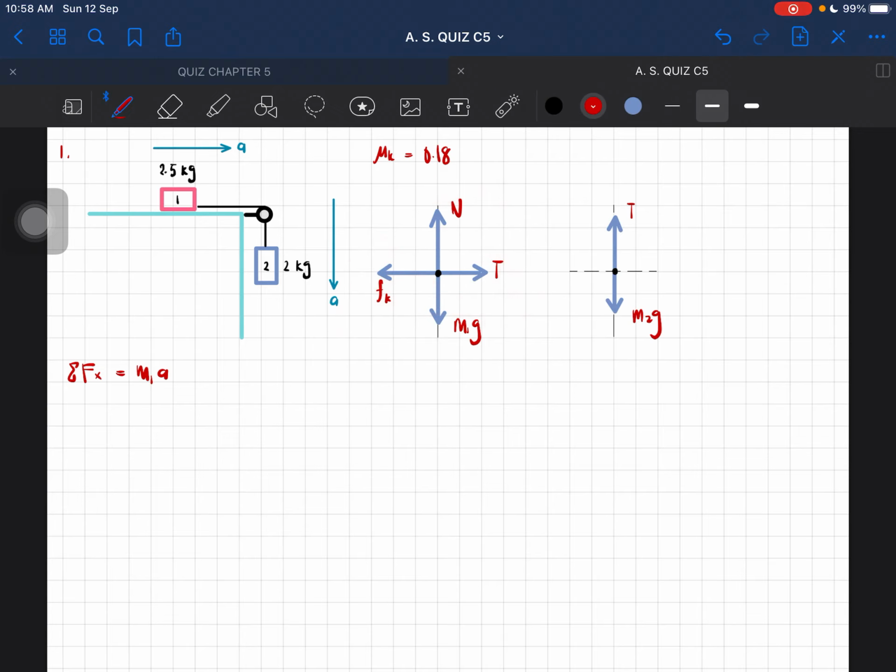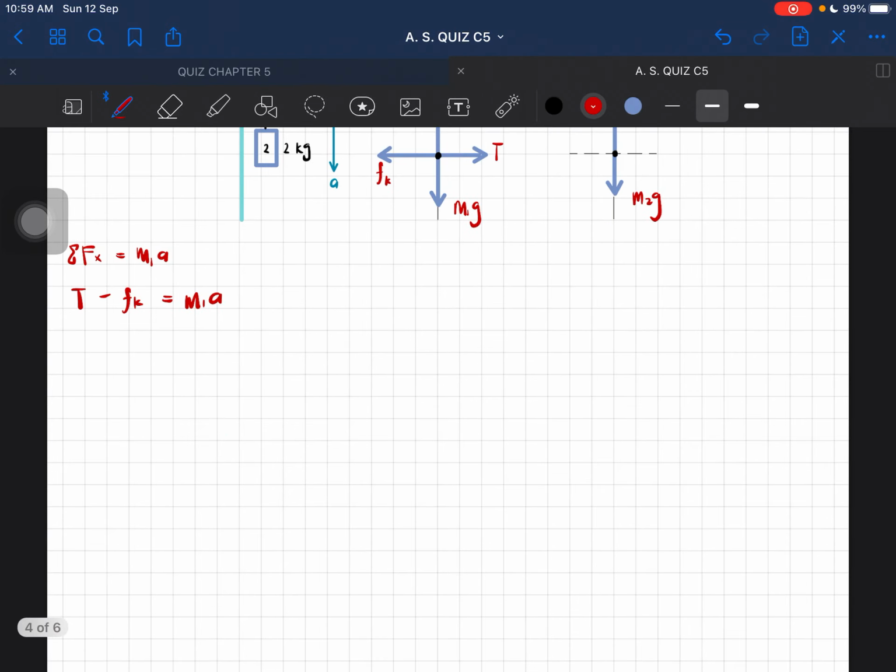So T minus Fk equal to m1a. We know that Fk is equal to mu k N. So this is our first equation.